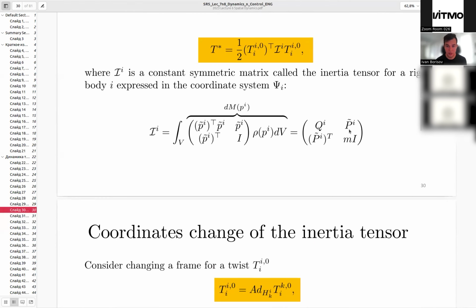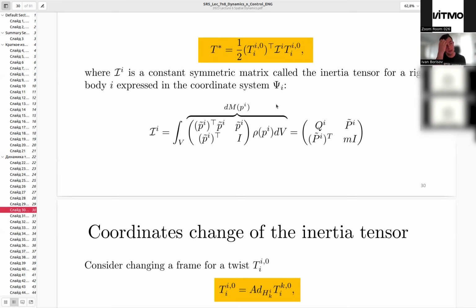And for the general case, the inertia tensor looks like this. But if you choose a special coordinate frame, you will have this capital P with a tilde equal to 0, and you will have only elements on the diagonal.